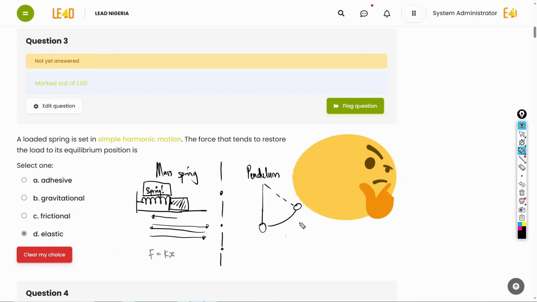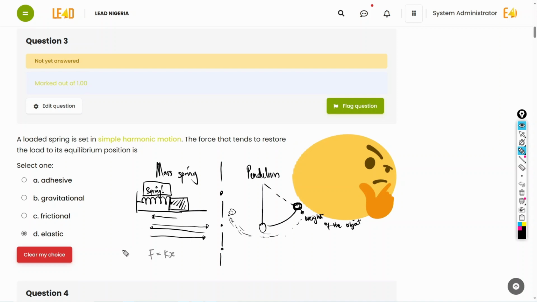Your string begins to go back and forth and back and forth. So when it's here, what pulls it back down, what drags it to come down again is the weight of the object that is swinging.